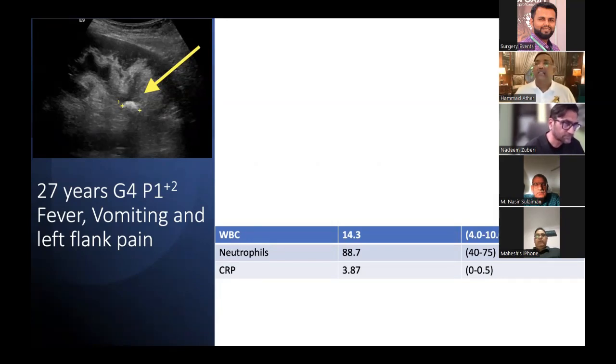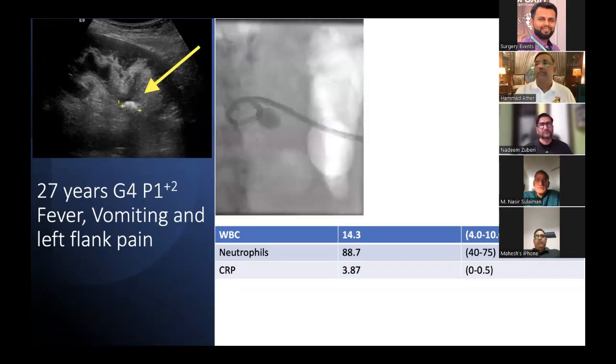We discussed internal stenting under local anesthetic and under spinal anesthesia, and we also discussed temporizing measures like PCN. She opted for PCN. A PCN was placed, and this is a very limited one-shot picture to confirm the presence of the PCN.